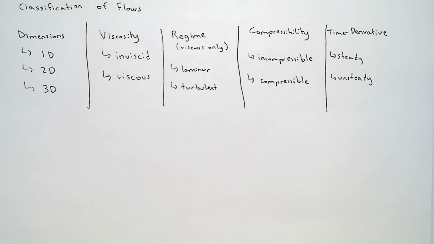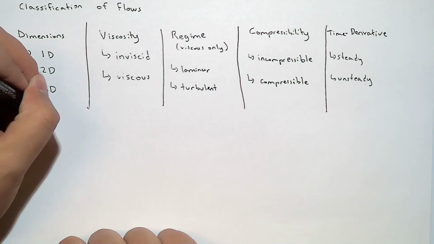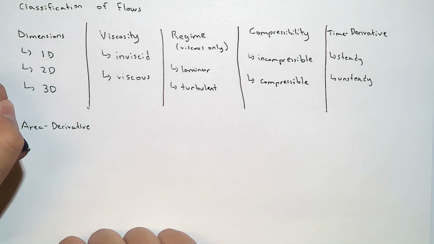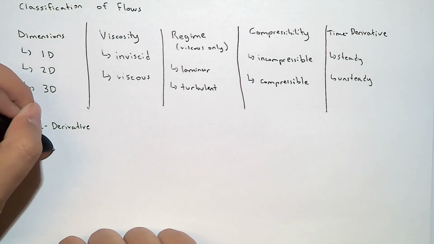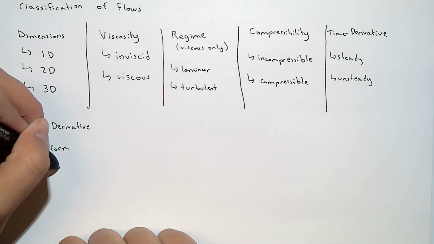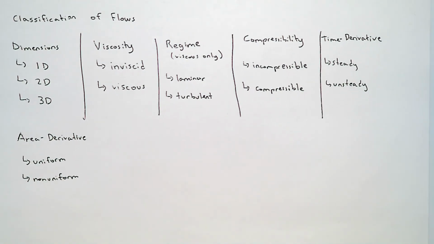And finally, we can treat our flows as uniform or non-uniform. And what does that mean? You see, when we're looking at a flow, we can describe the flow geometrically through its streamline, right?